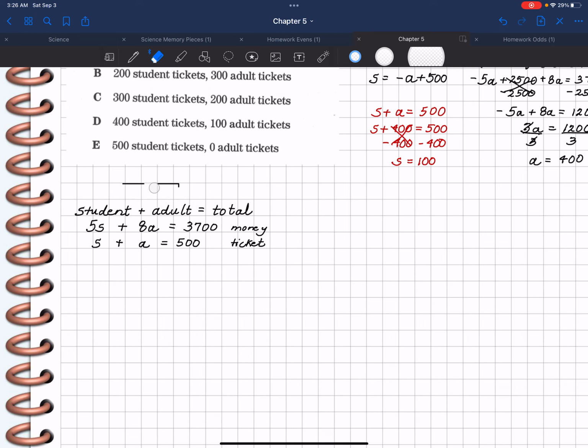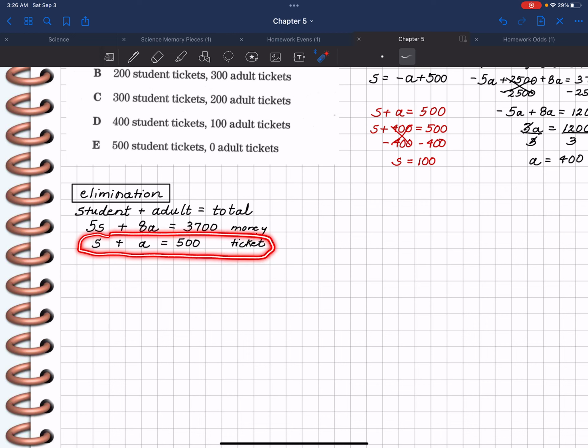And this one is ideal for elimination. And I'll show you why, if you don't already know why. Remember, graphing is another way to solve it, but I do not want to do that. This one is ideal for elimination because of this. When you have a variable by itself, and it can be this one or this one, those are the kind you want for elimination, because then you just have to multiply once.